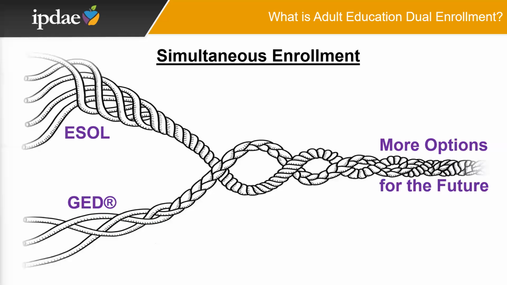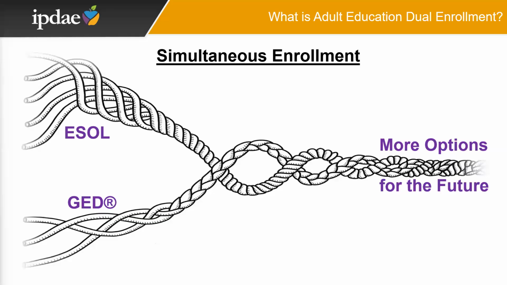So in adult education, we often explain IETs as being dual enrollment for our adult education students. And although that is certainly true, there is another model that some of us may have in mind. In the case of this webinar, dual enrollment adult education refers to students being enrolled in both ESOL and GED courses simultaneously.